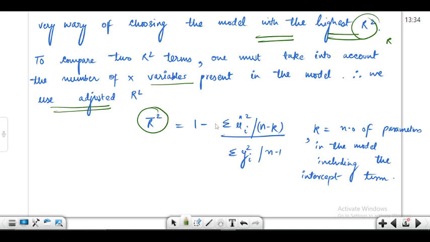Okay, how? So you adjust the formula of R square. You add the degrees of freedom here and here also, in the numerator and the denominator. So your degrees of freedom will depend on the number of variables or the number of parameters in the model, including the intercept term. This k here is basically the number of parameters in the model, including the intercept term.